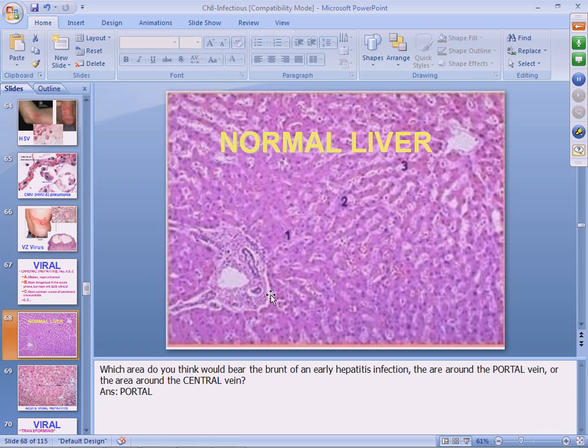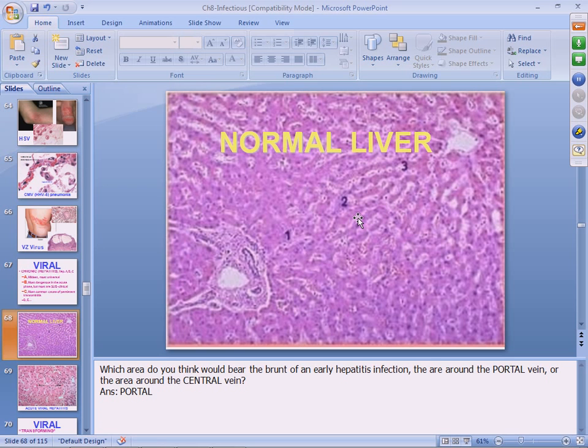The only place in the liver where you have fibrous connective tissue is that little cuff around the portal triad microscopically. And then you're basically going to be sending the blood down the sinusoids to the central vein. And the central vein is only a vein. It doesn't have fibrous tissue around it. It doesn't have any artery or bile duct with it.